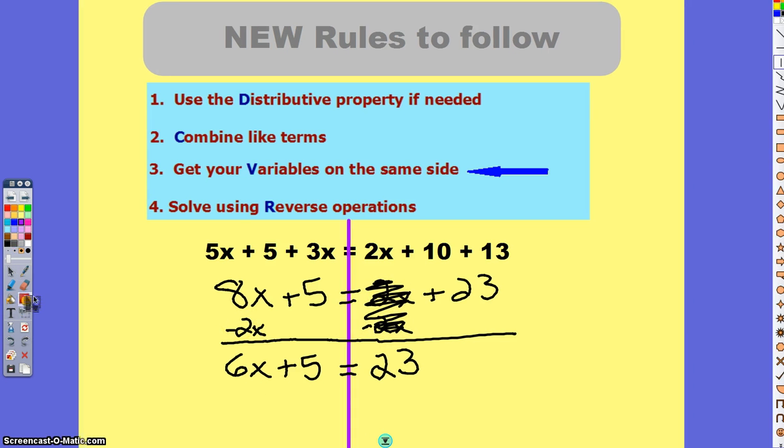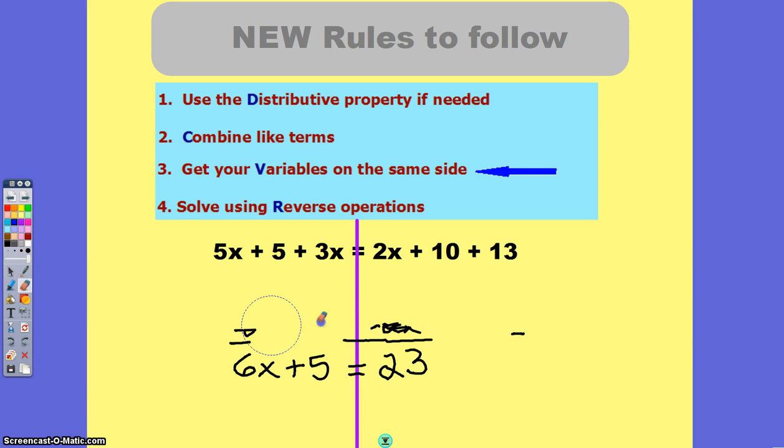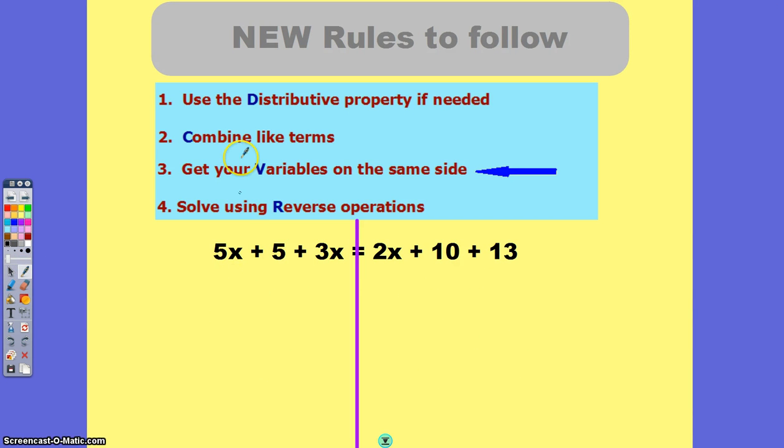So that was if we decided 2x should move and go to the other side. Let's try it the other way. So we don't need to do step 1. Step 2 gave us 8x plus 5 equals 2x plus 23. All right, so in this case, instead of having the 2x do the moving to go hang out with 8x, we're going to have the 8x move so that it buddies up with the 2x.